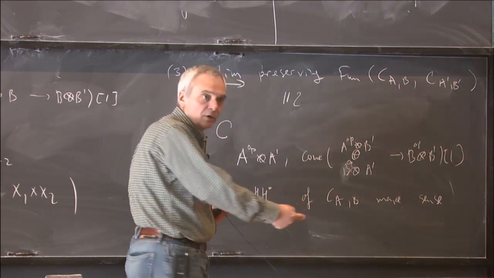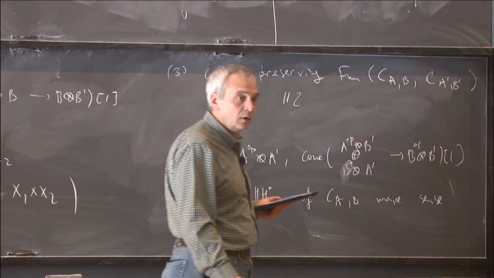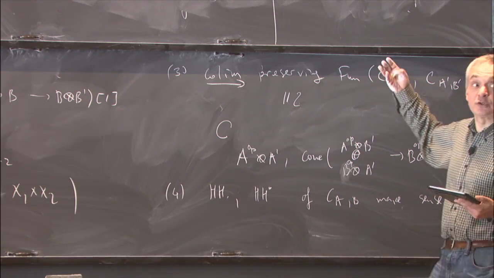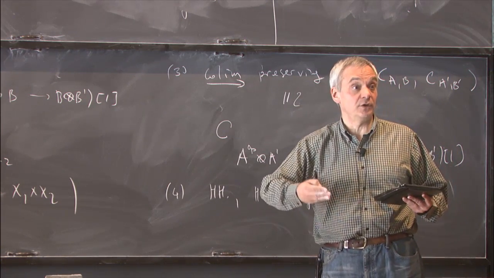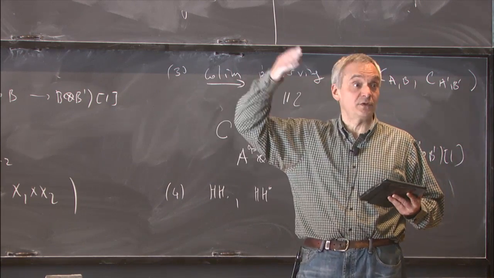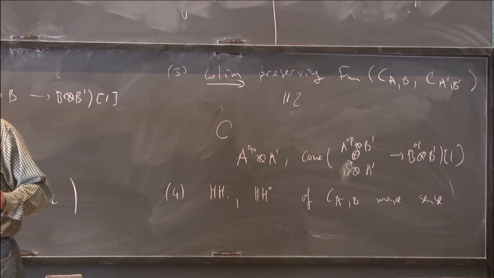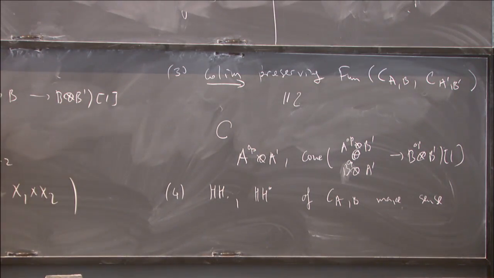But yeah, you're right. Hochschild homology. Well, then it's not clear that it's the same as the Hochschild homology of CAB as an ordinary category, right? No, it's not. That's the point. The point is that it's a definition that actually is consistent with the deformation theory, and consistent with the de Rham cohomology when it is usual localization in the case of schemes.